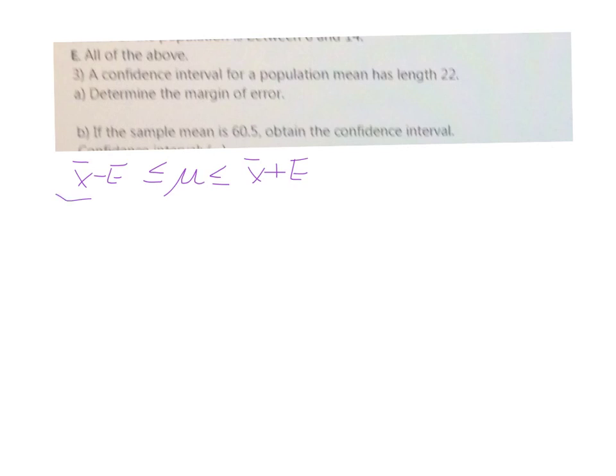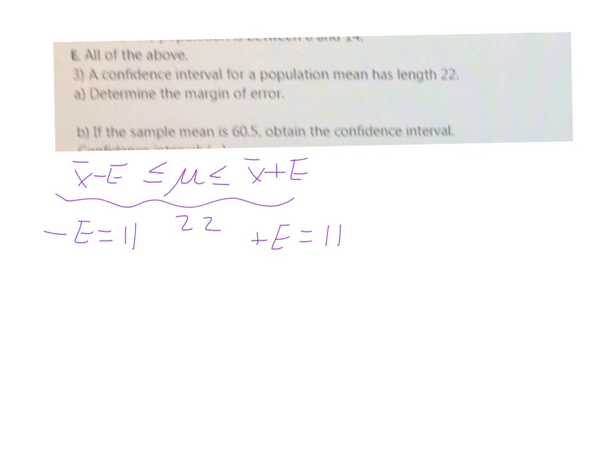And so if the range of that error is 22, then we must be adding an error of 11 on this side and subtracting an error of 11 on this side in order to make that happen. And so the margin of error here is 11.